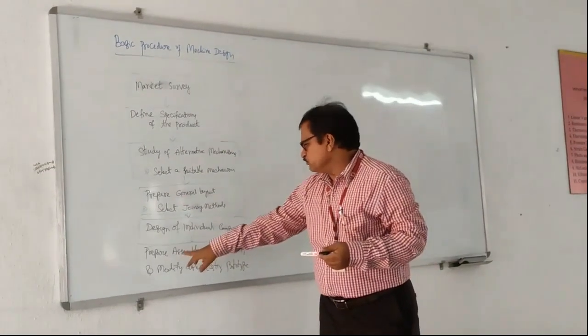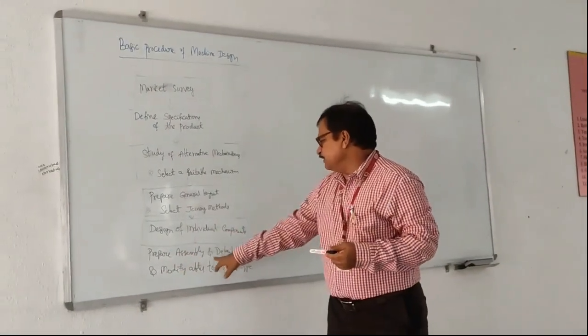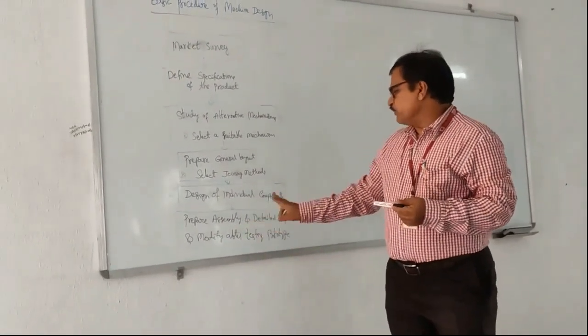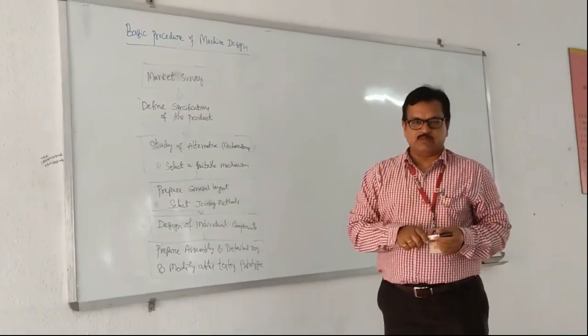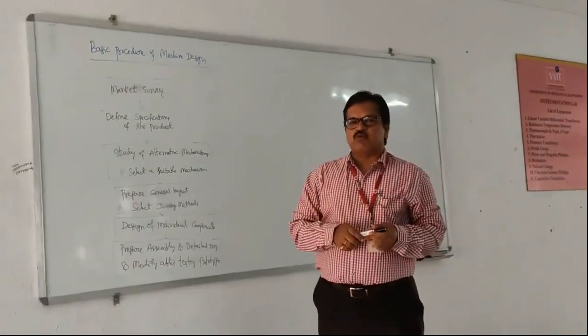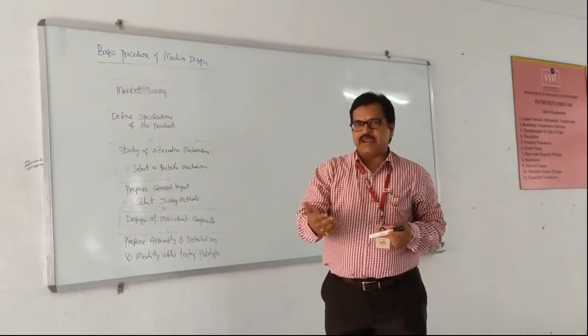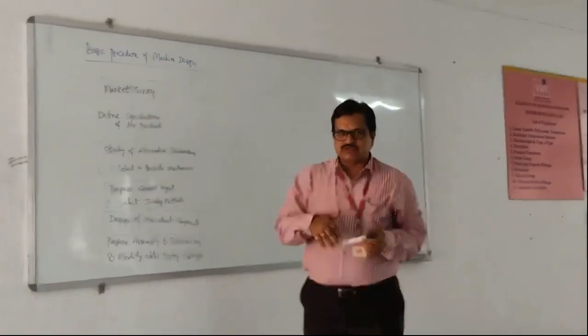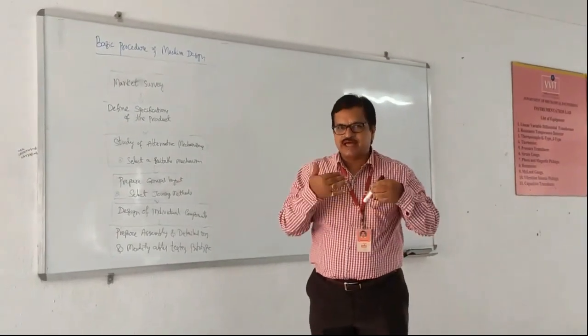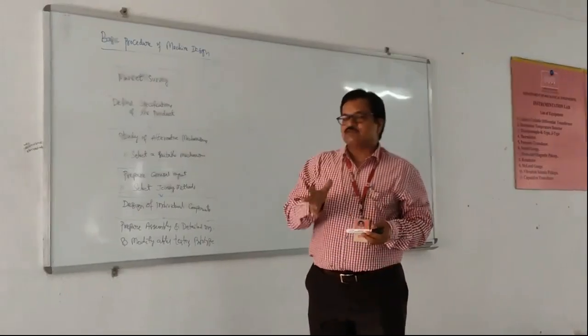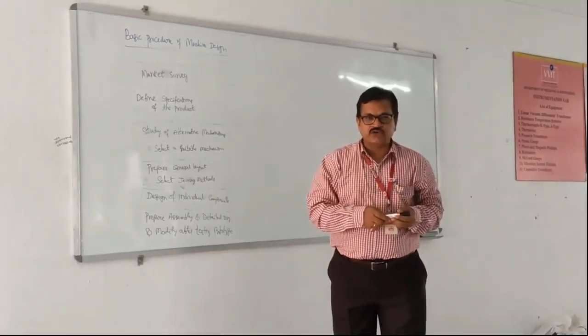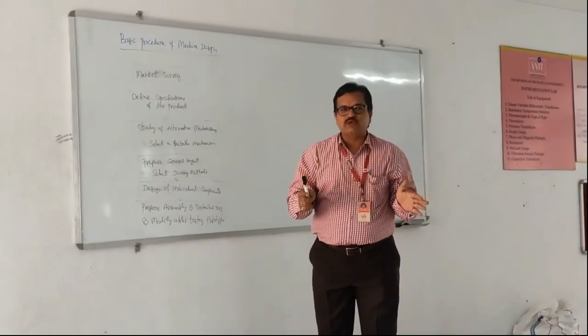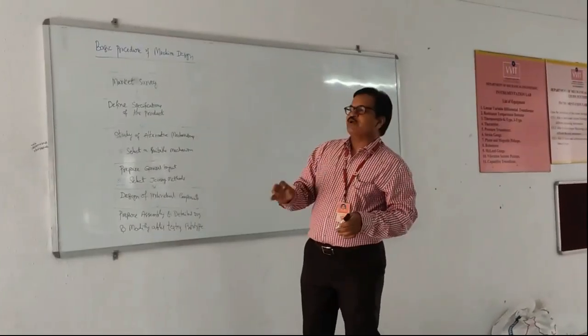And the next step is prepare assembly and detailed drawings and modify after testing the prototype. So these individual components, after they are made, are to be joined together to make the machine itself, and this machine, before it is launched into the market, has to be tested. That is called a prototype.